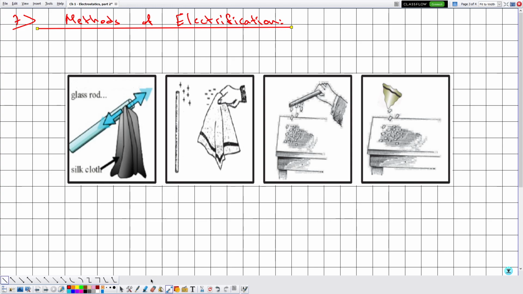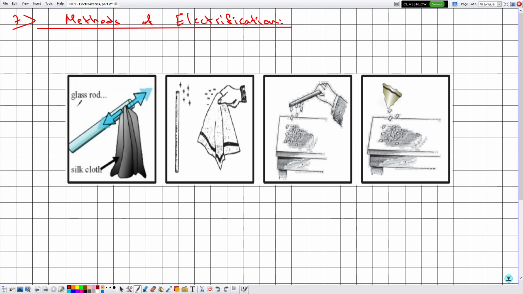And let's start with the first method, which is electrification by friction. This is a method we face a lot in our daily life.